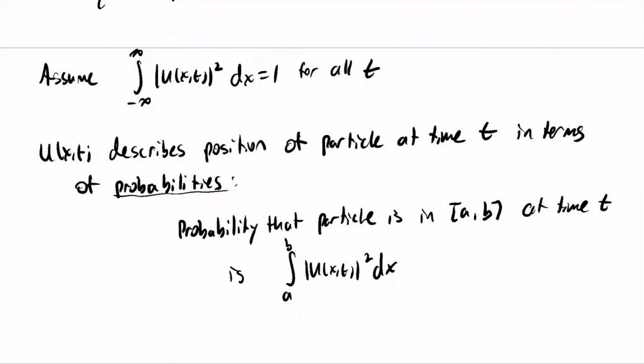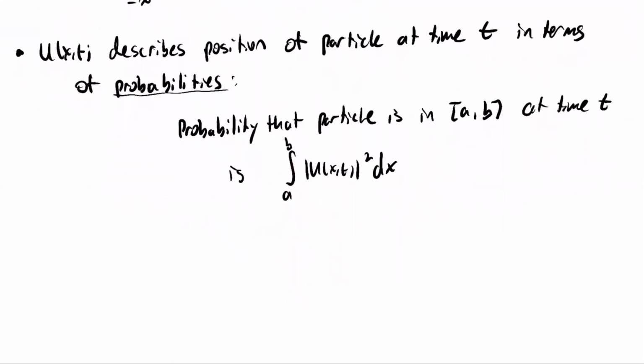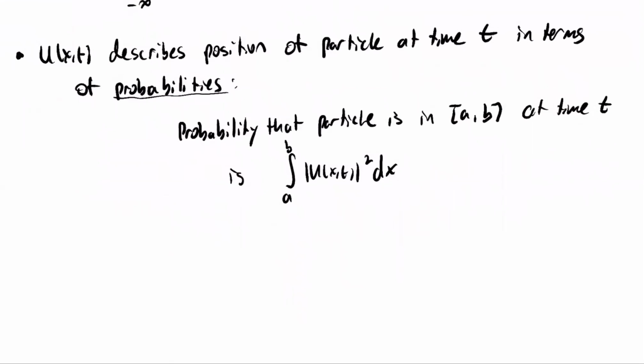If you're not familiar with probability theory, that's okay. I'm not going to be testing you on anything related to probability. This is what the solution represents as a function of x and t in terms of probabilities.